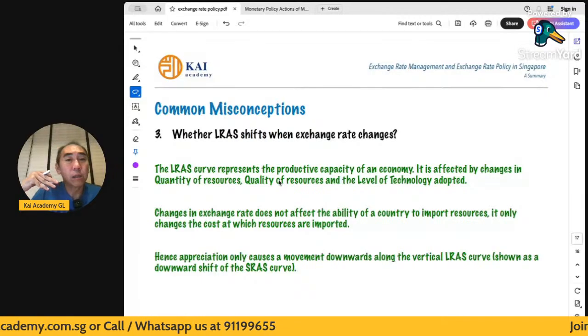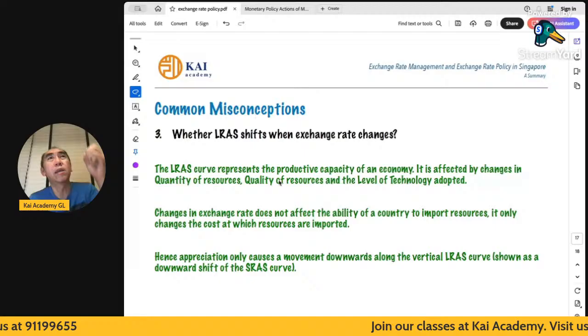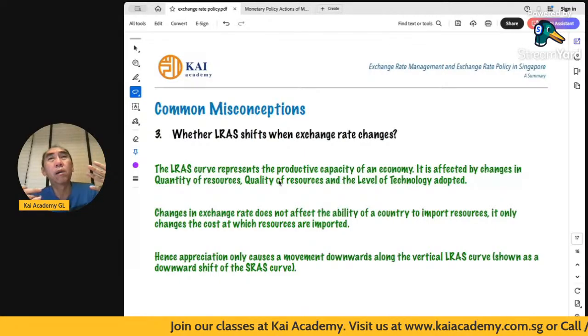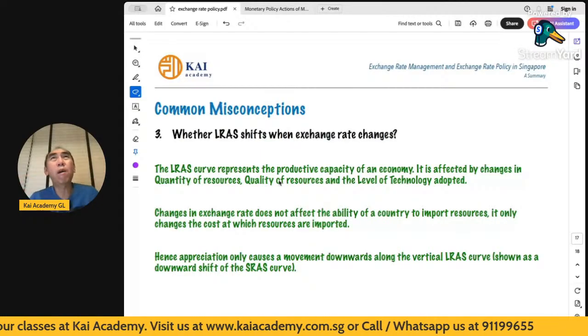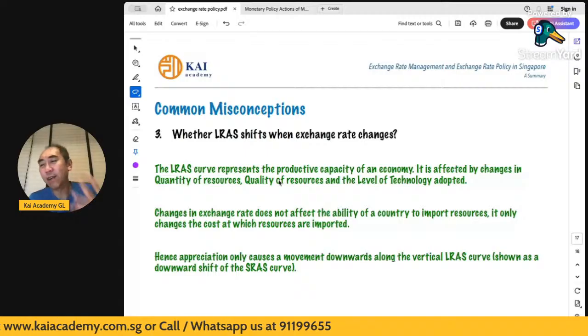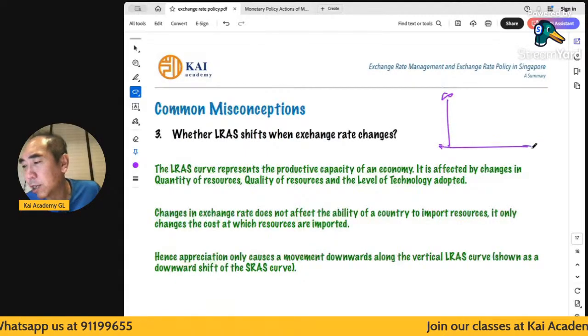So does exchange rate change affect QQT? There's a common misconception here that if the Sing dollar appreciates, it is now cheaper to import factors of production. Therefore, we can import more, then we have more FOPs, and as a result, the LRAS shifts to the right. Now, that logic is incorrect.